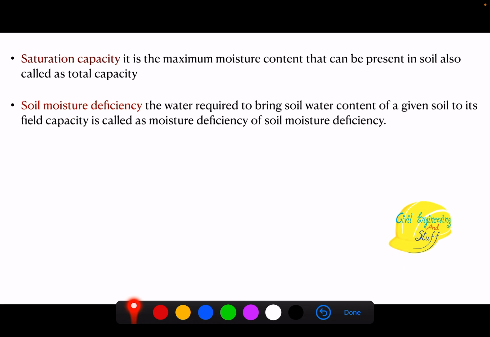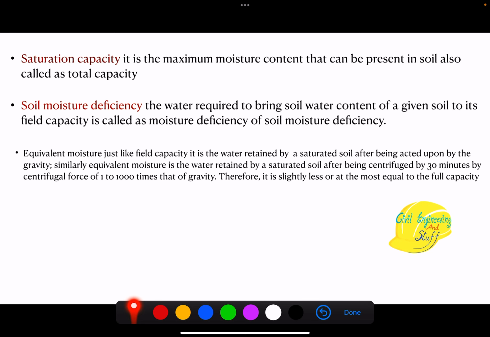The next term is the soil moisture deficiency, and it is the water required to bring the soil water content of a given soil to its field capacity so that the crops don't wither out.